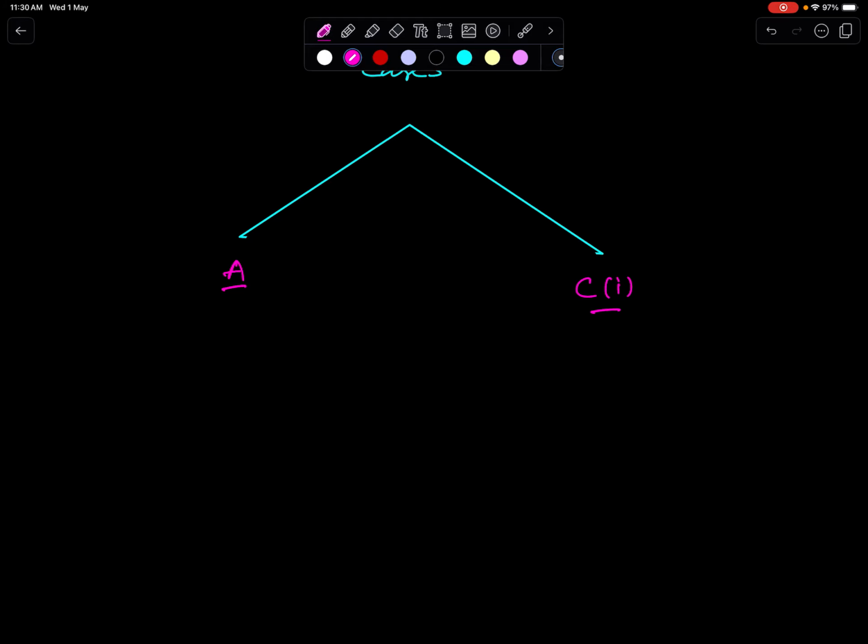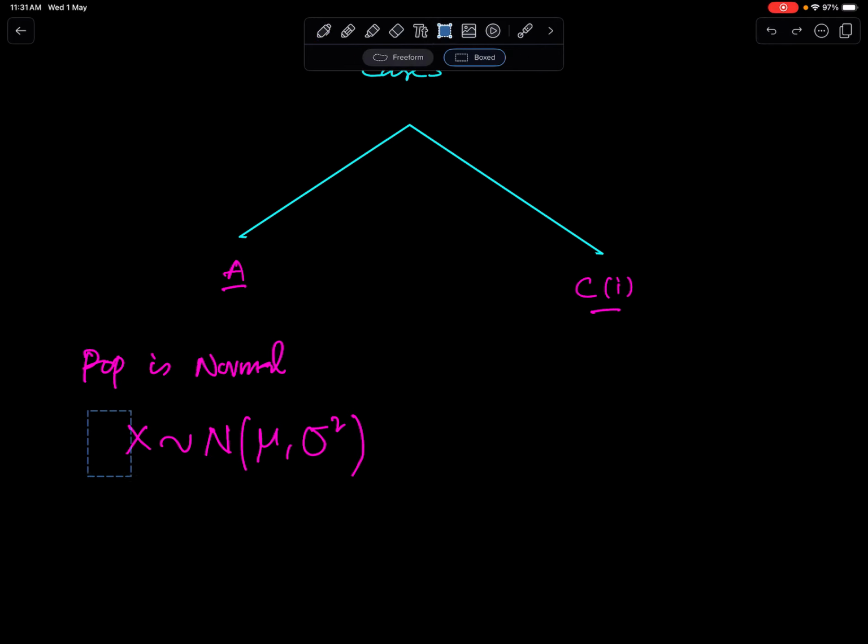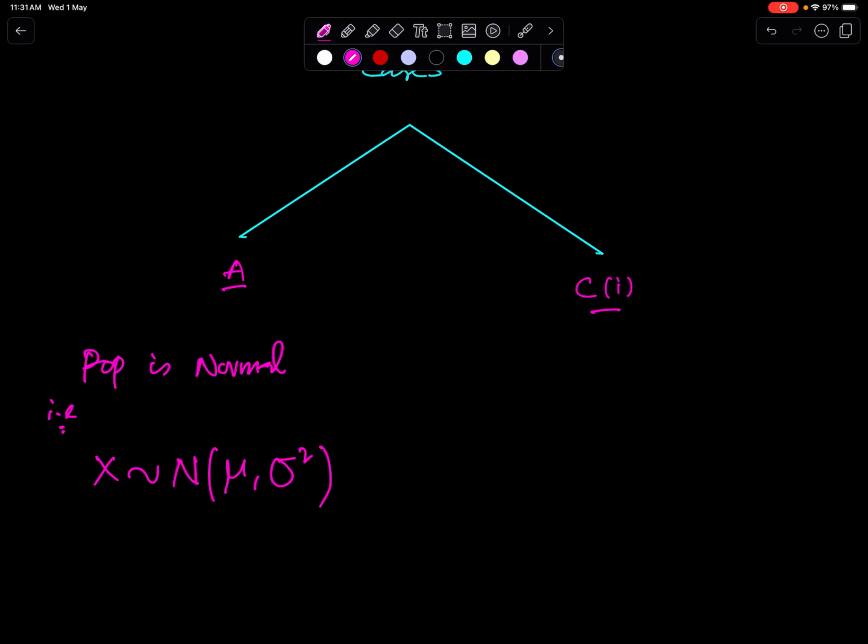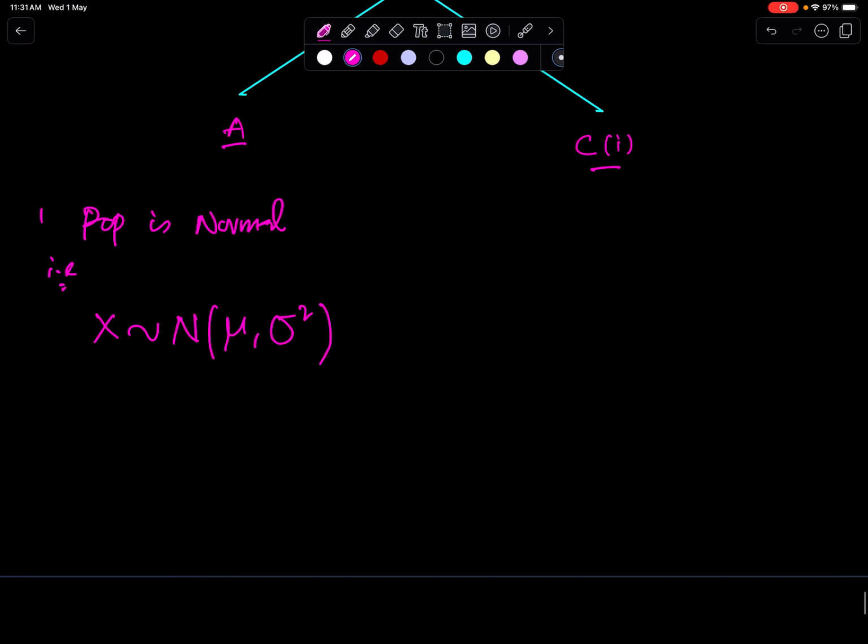In case A, population is normal. That means X is N(mu, sigma square). Population is normal means X is normal. This is the first point. Number 2, sigma square is known.